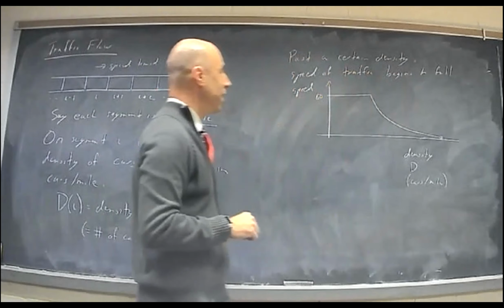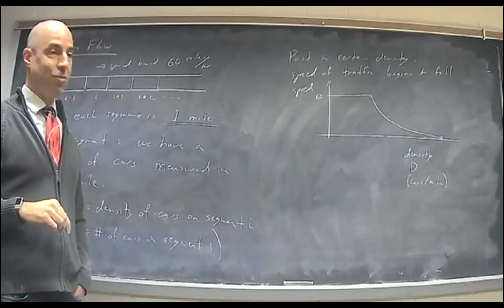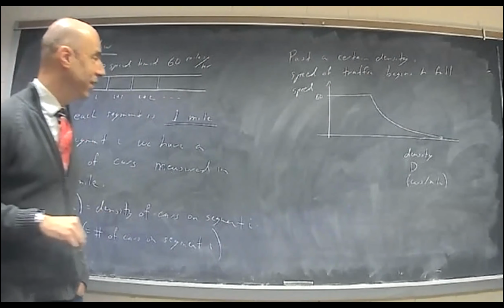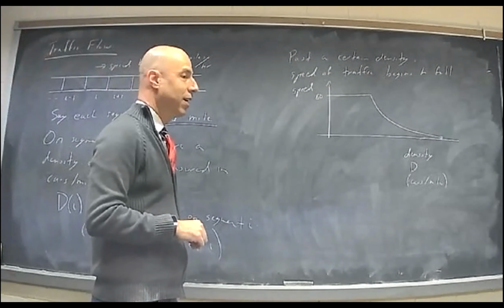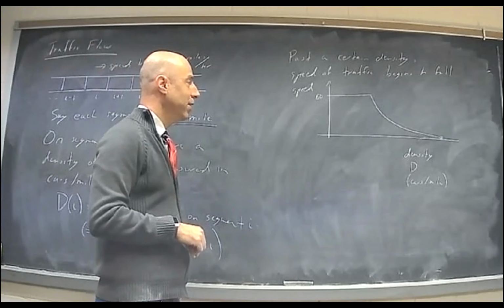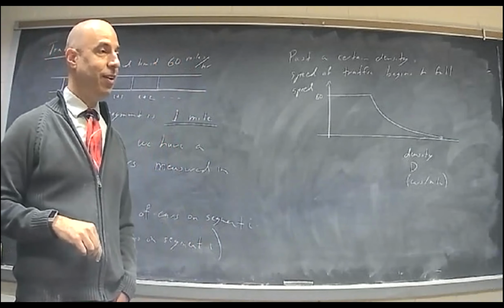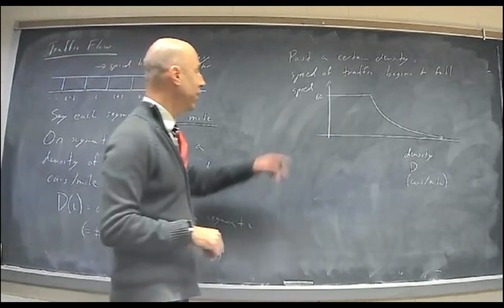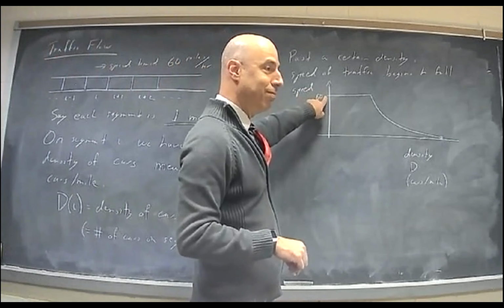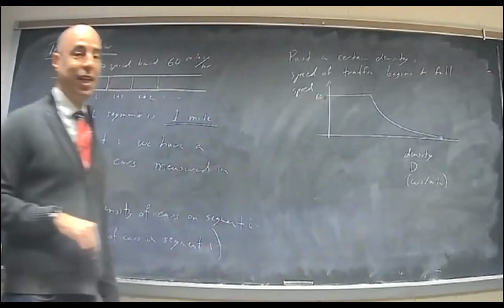Now, this model is not quite right for a variety of reasons. And we'll talk about that in a second. First of all, and you pointed this out last time, 99.5% of drivers do not drive at the speed limit.